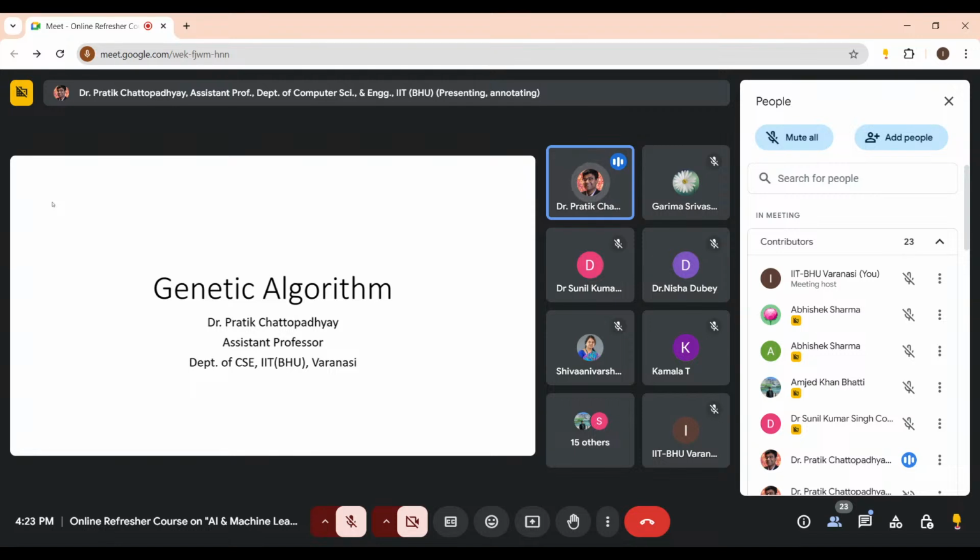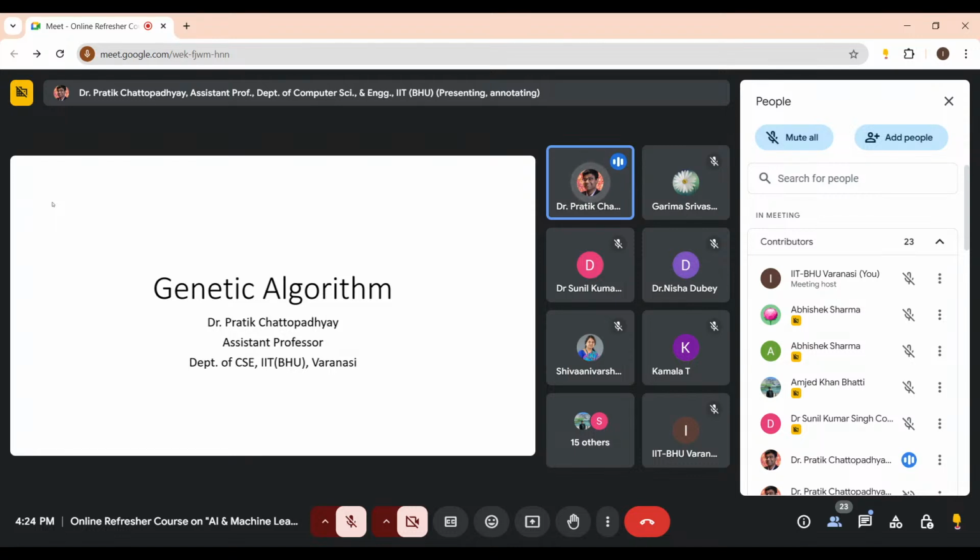So it is an optimization technique, but the way we solve a problem using genetic algorithm is very different from how we solve other problems in mathematics. Since it is a very big topic, in my slides, I have tried to cover the important points. At least the algorithm I want to make clear to you.